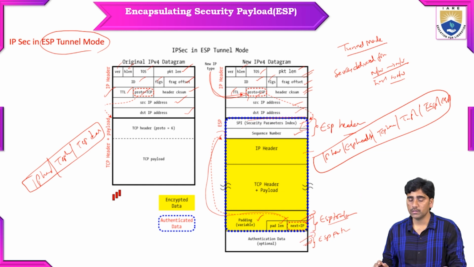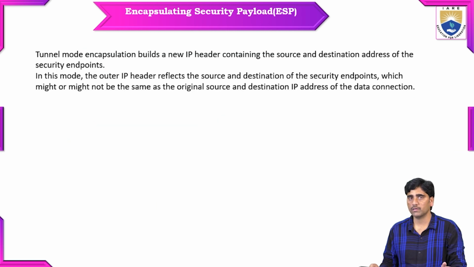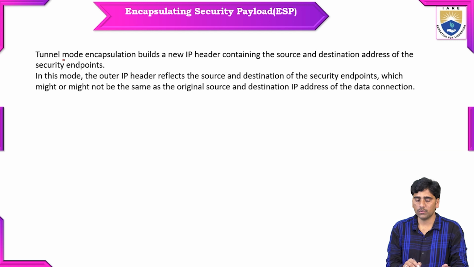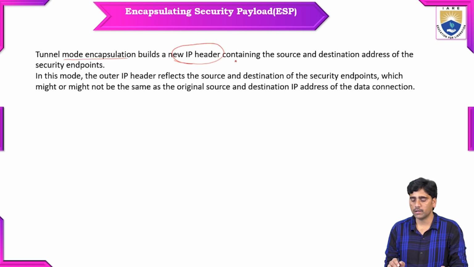So this is the way tunnel mode operates. Tunnel mode delivers the services from network to network as well as host to network. And here tunnel mode encapsulation builds a new IP header containing the source and destination address of the security endpoints.